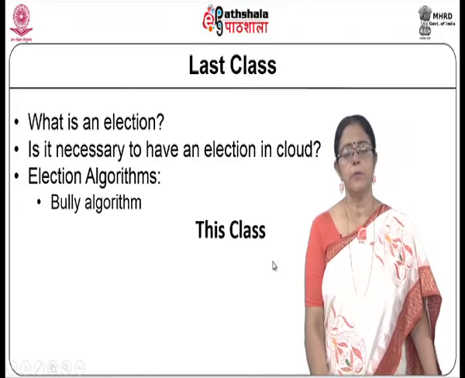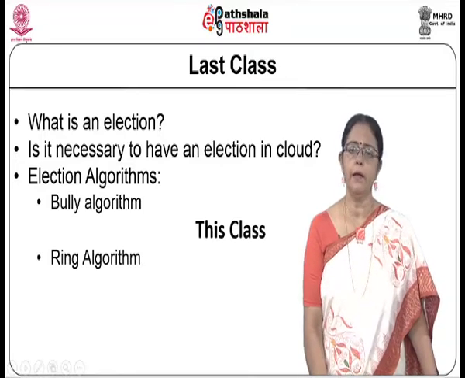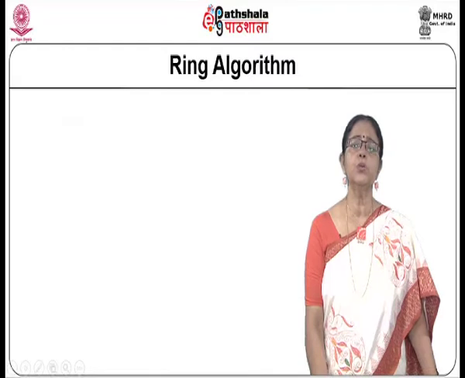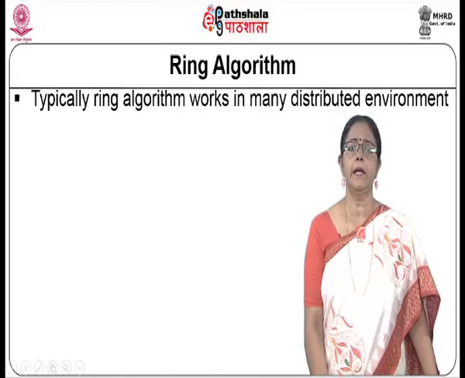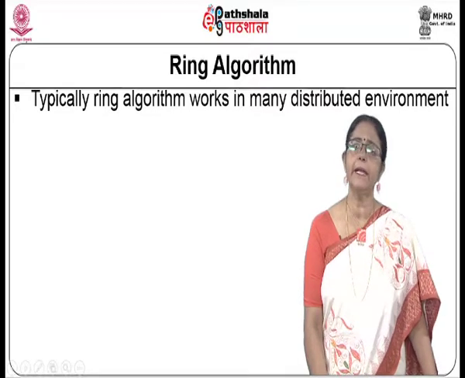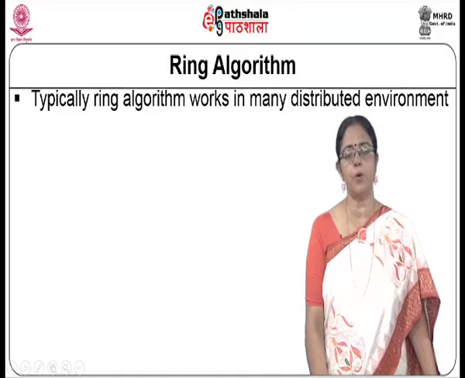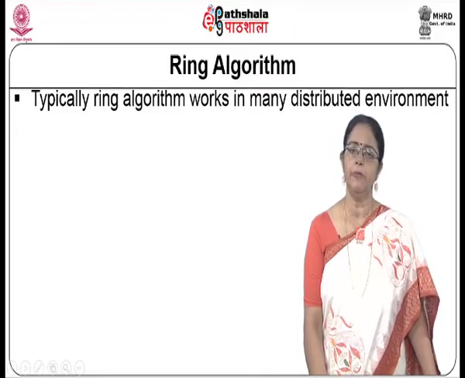In this class, we will look at a second election algorithm that is very popularly used, which is called the ring algorithm. Typically any distributed environment consists of many nodes, and typically these nodes are able to communicate with each other freely.